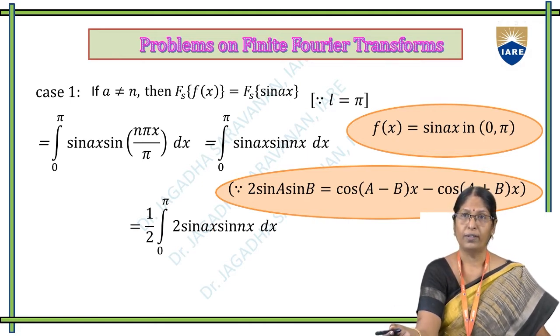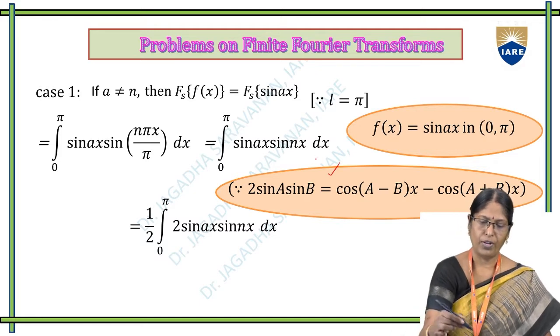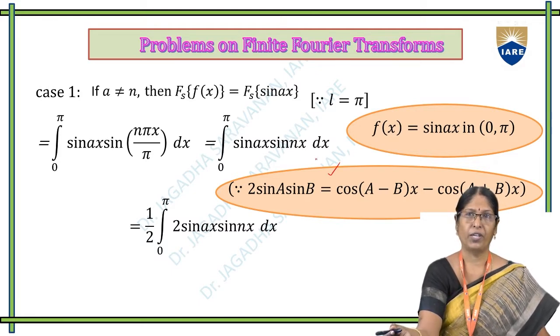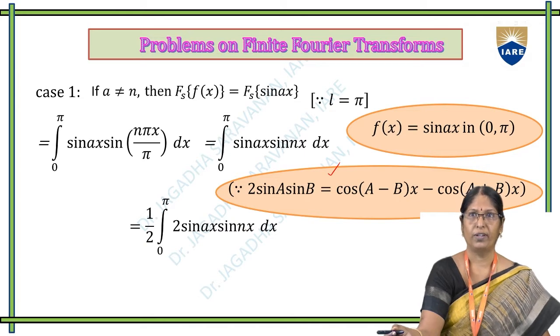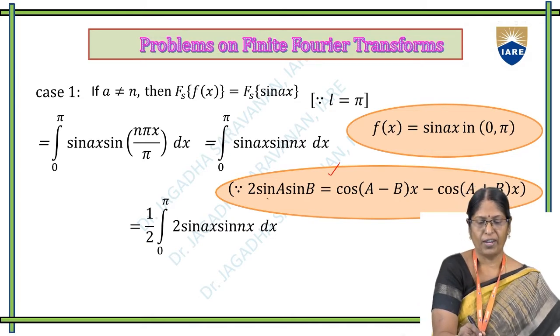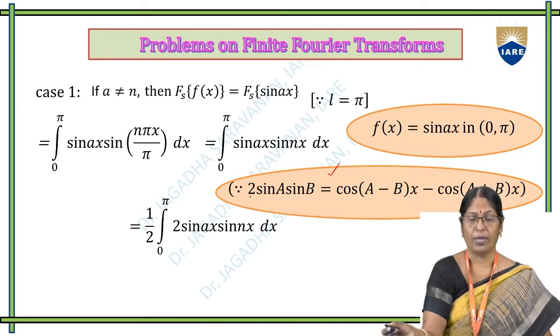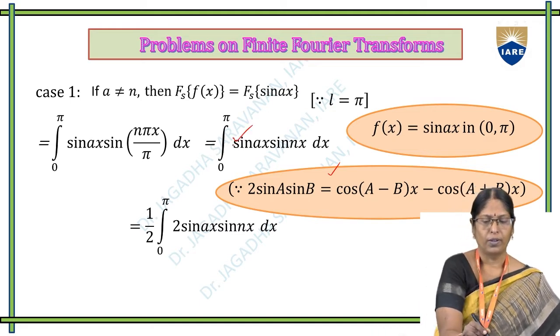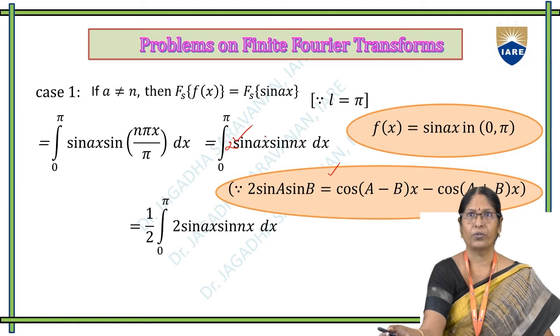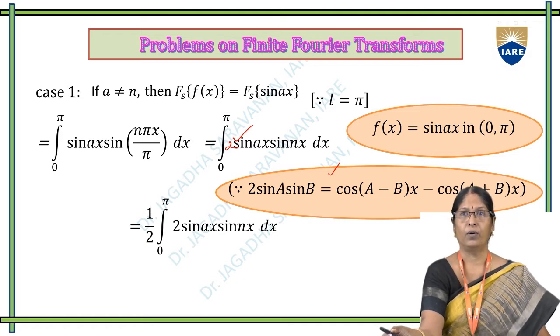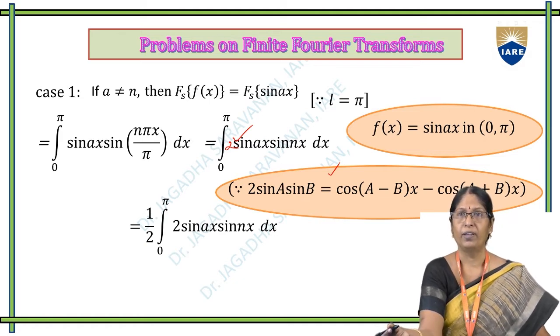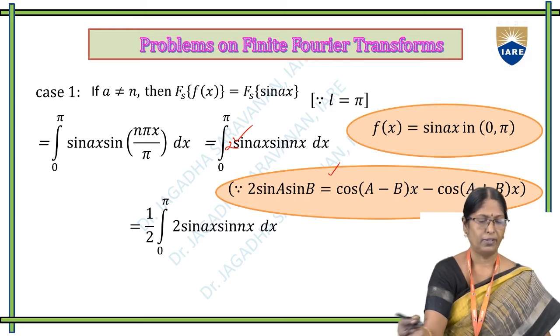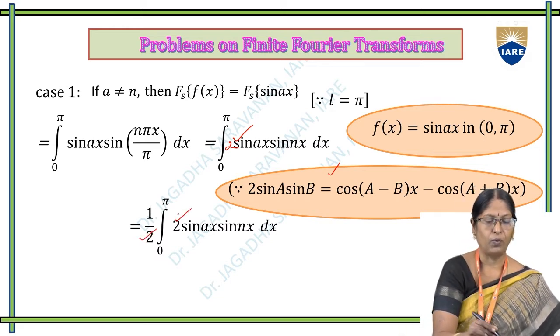Before that, when comparing with this formula, a very important point to note: on the left side 2 is there, but in our problem the 2 is missing. We can't suddenly introduce 2 on our own; mathematically we have to balance it. So we multiply and divide by 2.